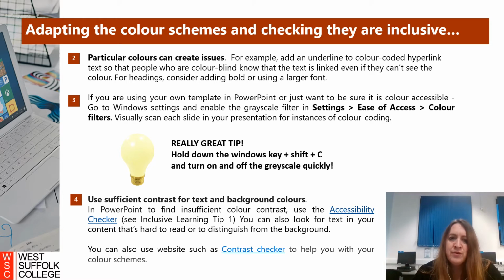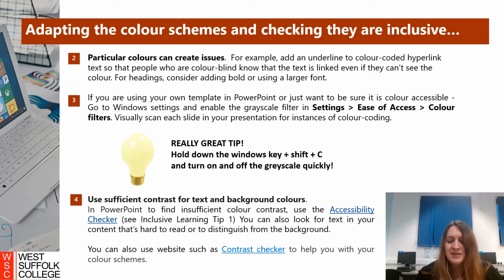And point 3, if you're using your own template in PowerPoint or just want to be sure it's colour accessible, you can go onto your desktop and go to Windows Settings, enable the grayscale filter in Settings, go to Ease of Access and Colour Filters. It will make your whole screen grayscale, and then you can visually scan each slide in your presentation for instances of colour coding, to see where there's an issue in contrast of colour, to see how it might look to someone who's colourblind.